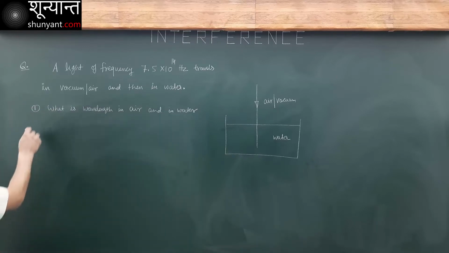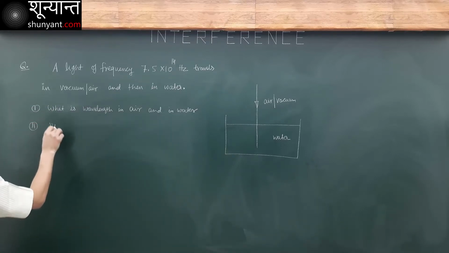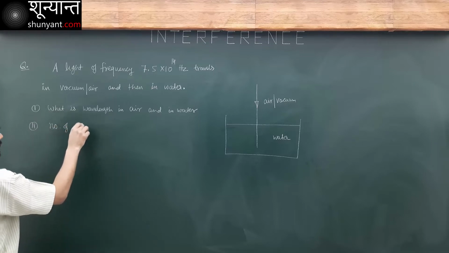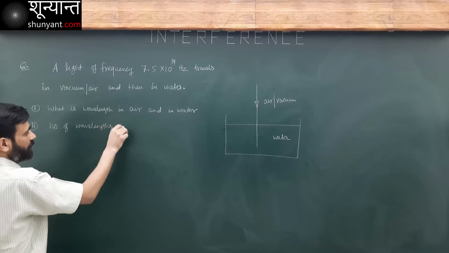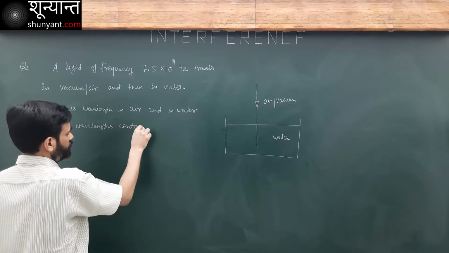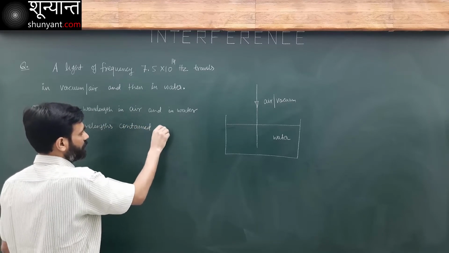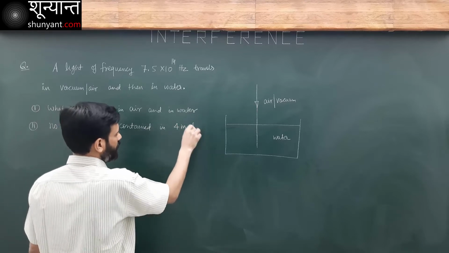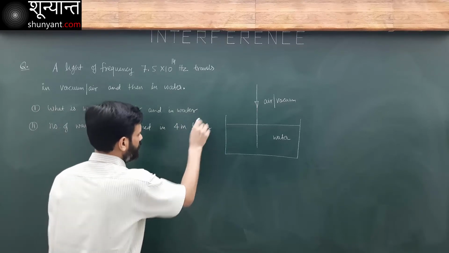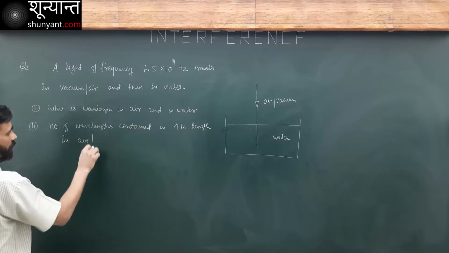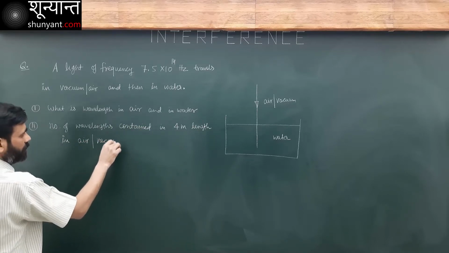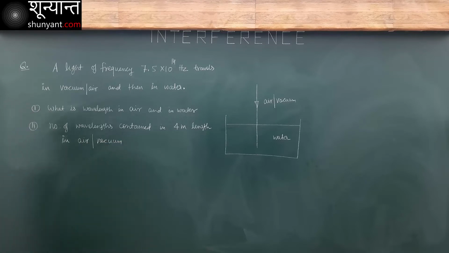Second, the number of wavelengths contained in a 4 meter length in air or vacuum. Okay. Third.